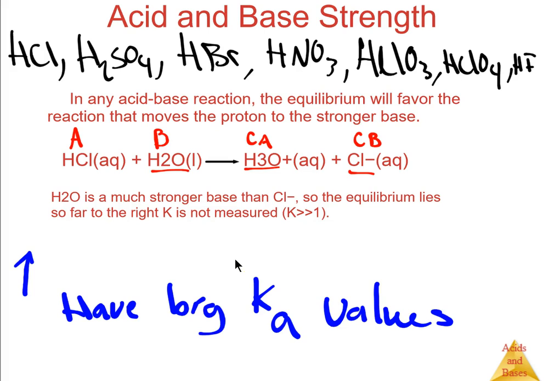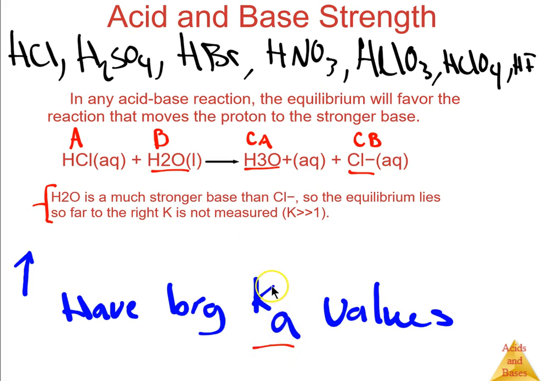Now, we went over this on Friday, but here's another way to define this as a strong acid. H2O is a much stronger base than Cl-, so the equilibrium lies so far to the right, K is not even measured. All right? We're going to learn, most likely today, about this idea of Ka.